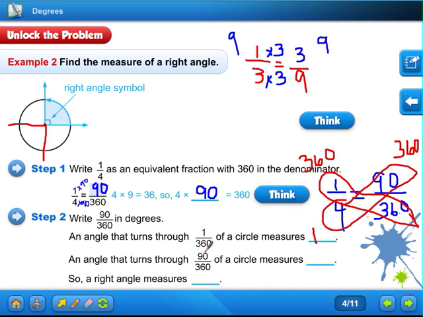But now if it goes 90 over 360 of a circle, it turns through 90 over 360 of a circle and measures 90. So a right angle measures 90. And they made us do all those steps, but you should have known already from previous lessons that a right angle always measures 90.